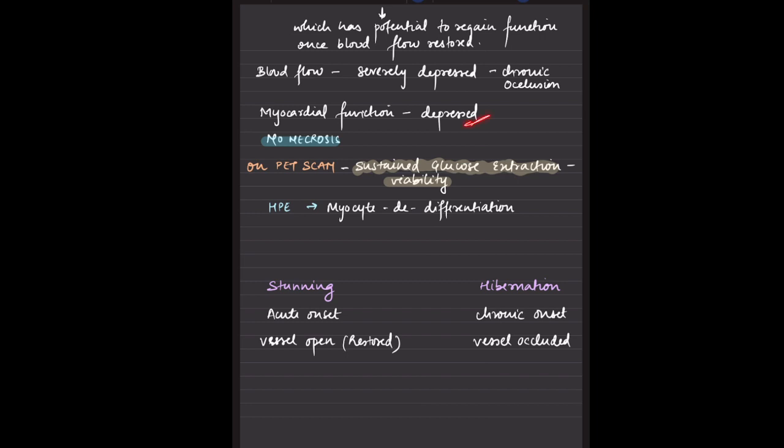Myocardial function is depressed. There is no necrosis in this also. So what is the difference? Acute, chronic. No necrosis, no necrosis. And in stunning the blood flow is restored. In hibernation, there is no restoration of the blood flow, but the blood flow is depressed in such a manner that the cells remain viable. So there is this difference.